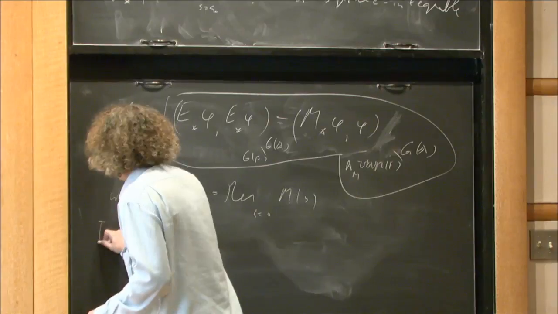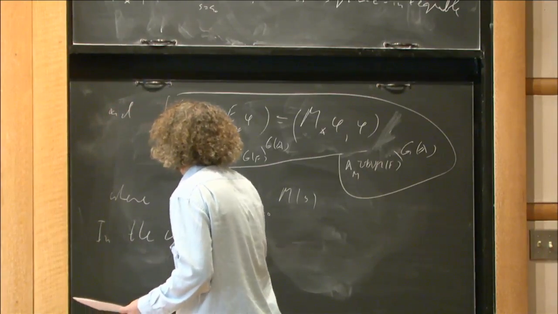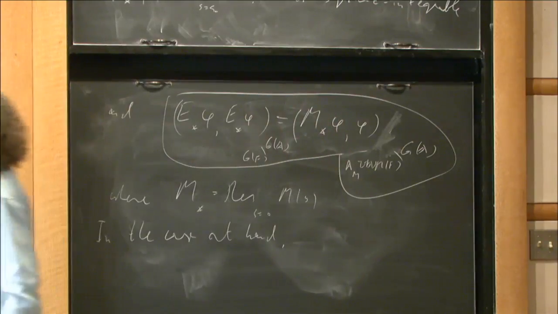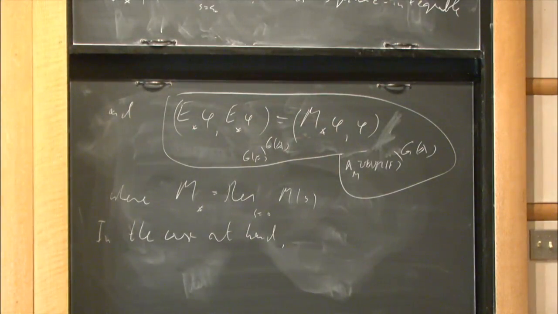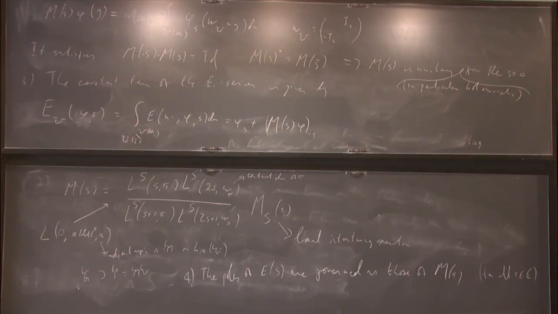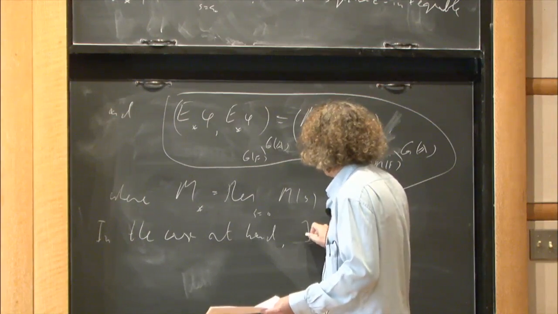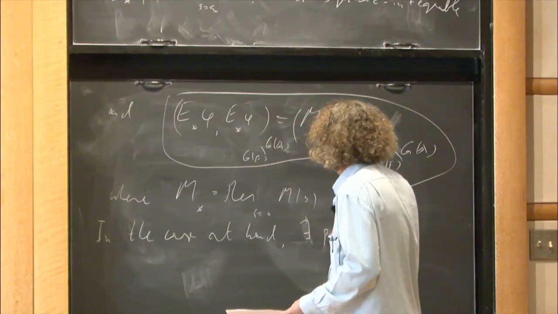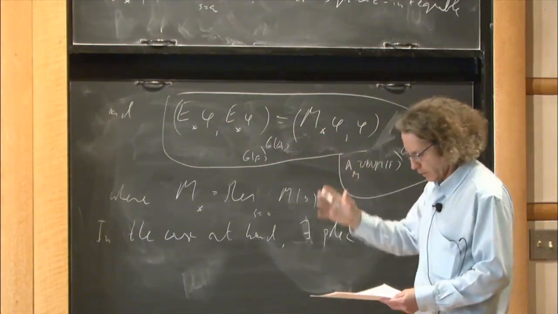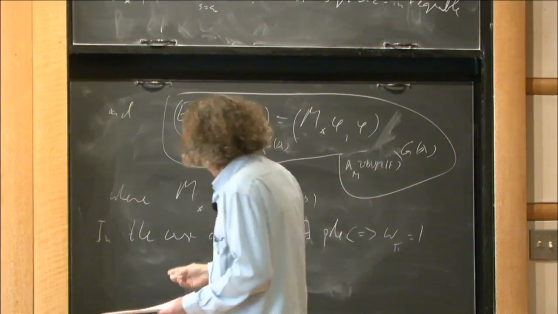So in the case at hand, the only possible pole, so this is not going to have poles, but this may. That happens if omega pi is trivial. Such a pole exists if and only if omega pi is trivial, so then you get the functional equation.